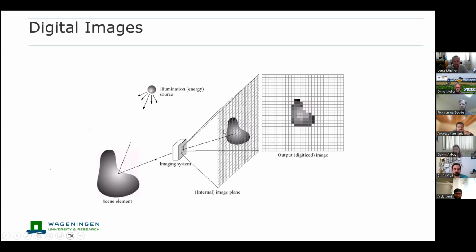And your mobile phone then switches on or off certain pixels on that sensor. And then you get a certain representation of your object. And as you can see here, this is a high resolution real version of your scene. This is a much lower resolution, right? So it's a bit blobby, a bit blocky. And this is already the first step of losing information.